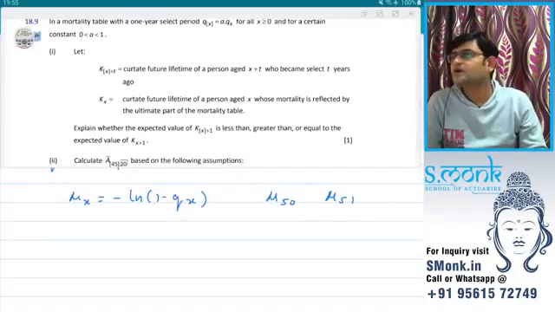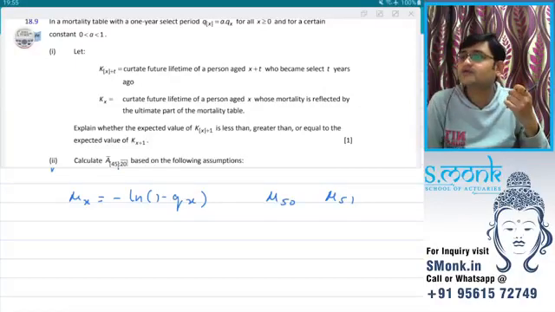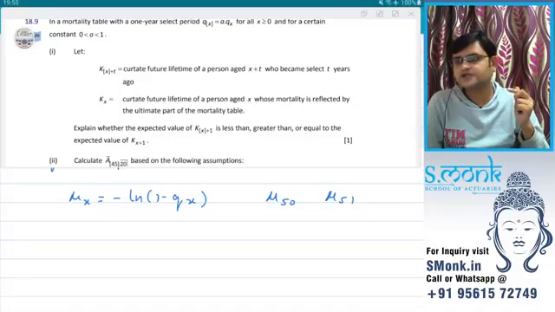(18.9) In a mortality table with a 1 year select period, Q select X is equal to A times Qx for all x greater than or equal to 0 and for a certain constant A. Let K_{x+t} be the curtate future lifetime of a person aged x+t who became select t years ago, and K_x the curtate future lifetime of a person aged x whose mortality is reflected by the ultimate part of the mortality table.